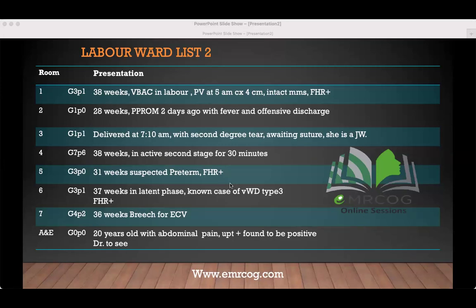And here we inform the consultants and neonatologists to speak with the patient regarding the prognosis of this delivery. And here we will also do the transvaginal ultrasound scan to see the cervical length to confirm the preterm labor. Okay. And also we can arrange the fetal fibronectin test.